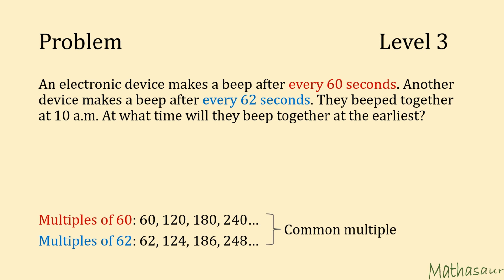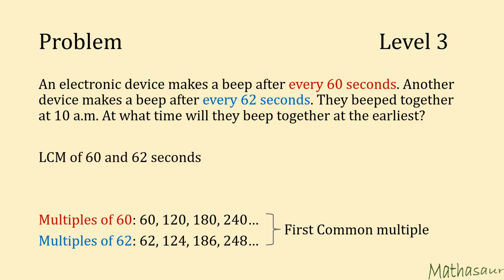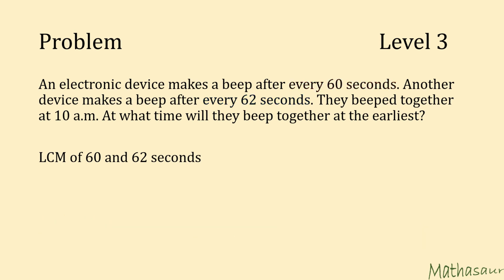Now, in order to find the time when they will beep together, we have to find a common multiple between 60 and 62. In order to find the earliest beep together, we have to look at the first such common multiple, also known as the least common multiple. So we are looking at the LCM of 60 and 62 seconds.